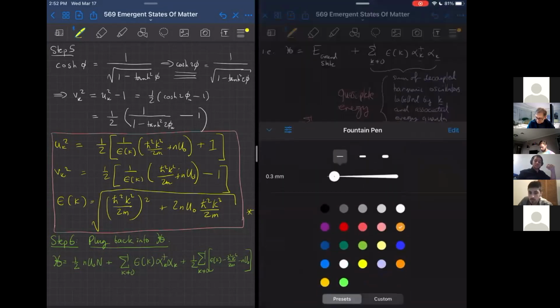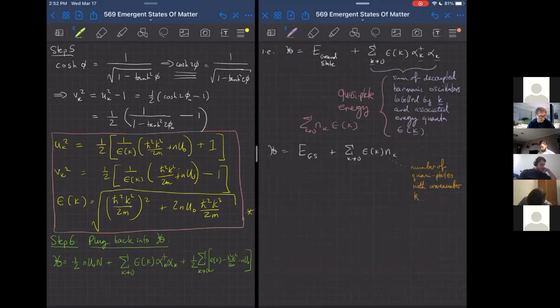Okay, so what I want to do before I get to the point you're asking, Daniel, is to look at what this energy spectrum looks like. So let's now explore epsilon of k.